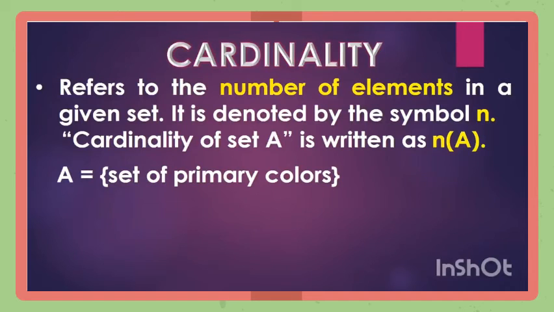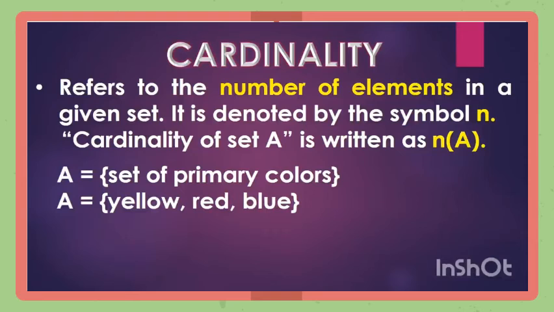Okay. So, I have here set A, set of primary colors. So, for set A, we have yellow, red, blue. Now, kapag ang tinatanong ay cardinality, ibig sabihin number, bilang ng elements. So, for the set of primary colors, we have yellow, red, and blue. We have 3 elements, right?